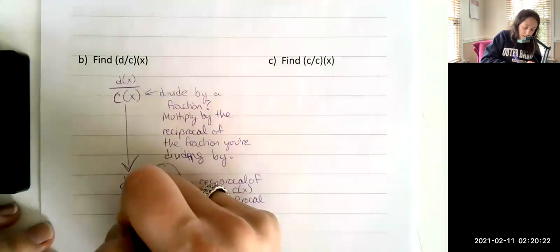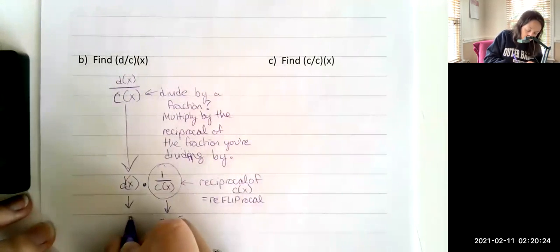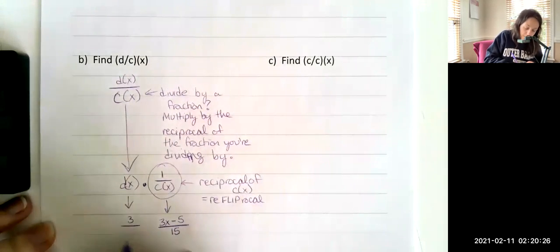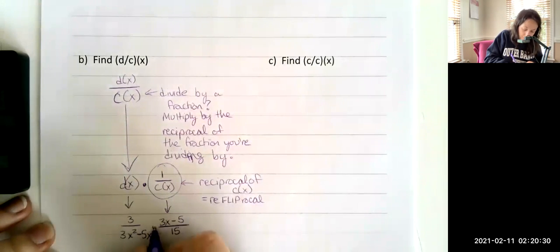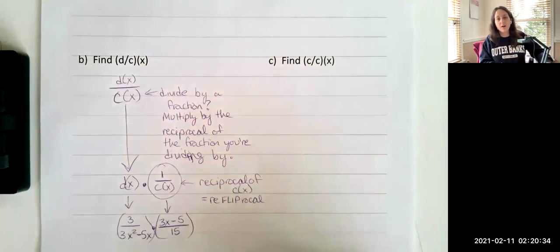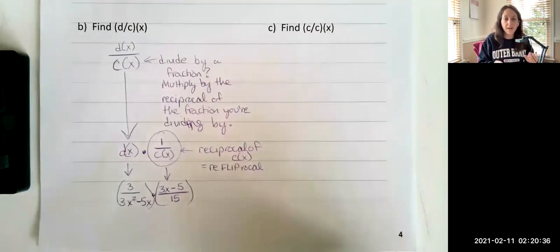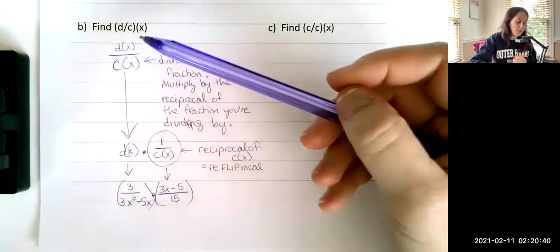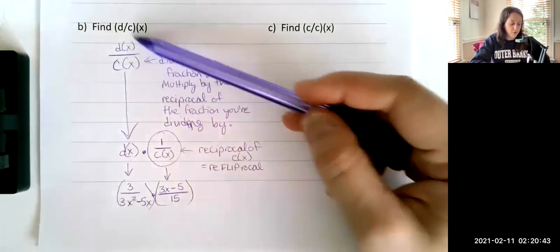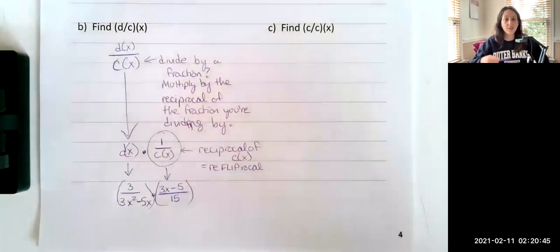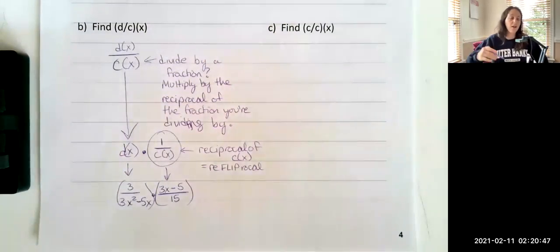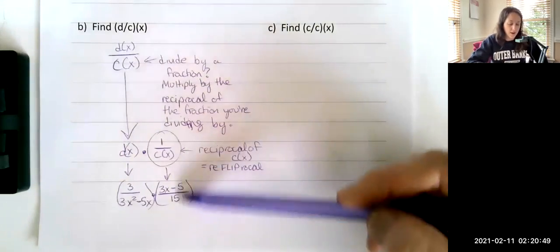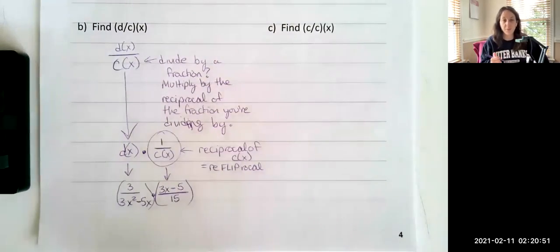D is going to stay the same. D remains 3 over 3x squared minus 5x. So there are my two fractions now already lined up. When we do these problems, we've got the numerator staying as is. That numerator does not change. It's the denominator that we make the reciprocal.